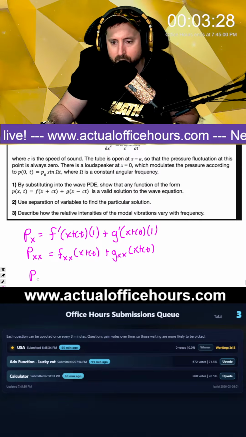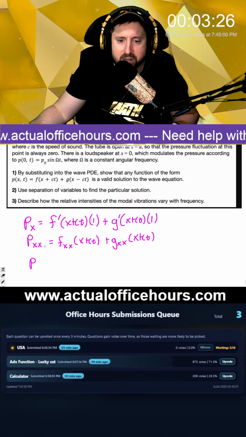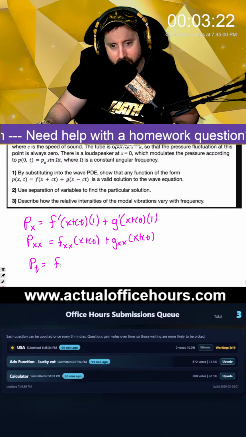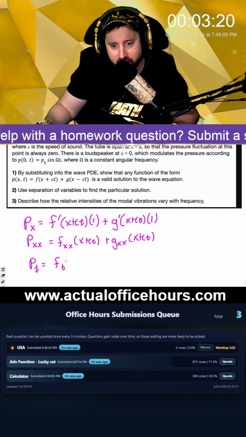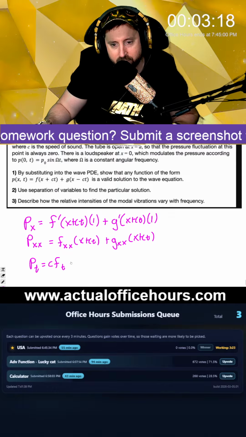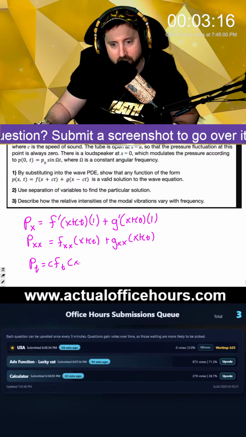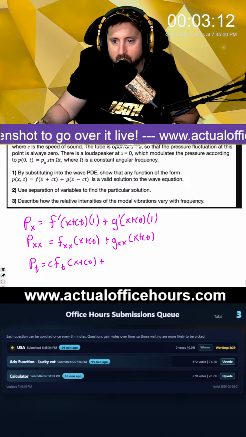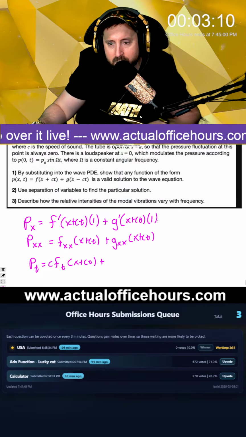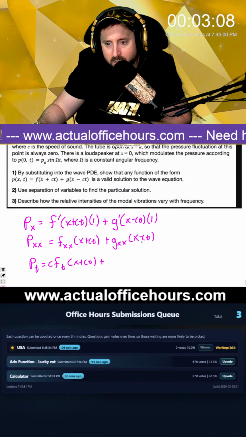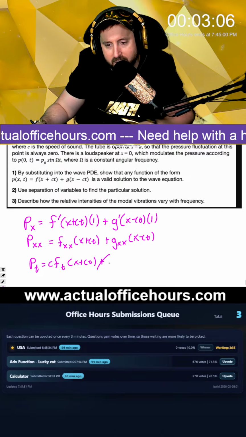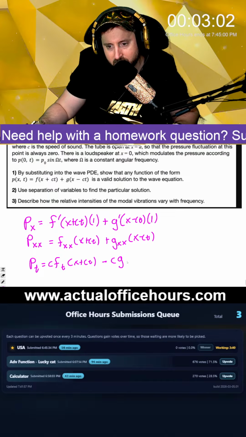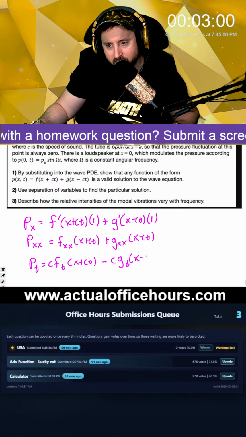Let's do p_tt. So p_t is going to equal c f_t of (x plus ct), and then this one was minus, so this is minus c g_t of (x minus ct).